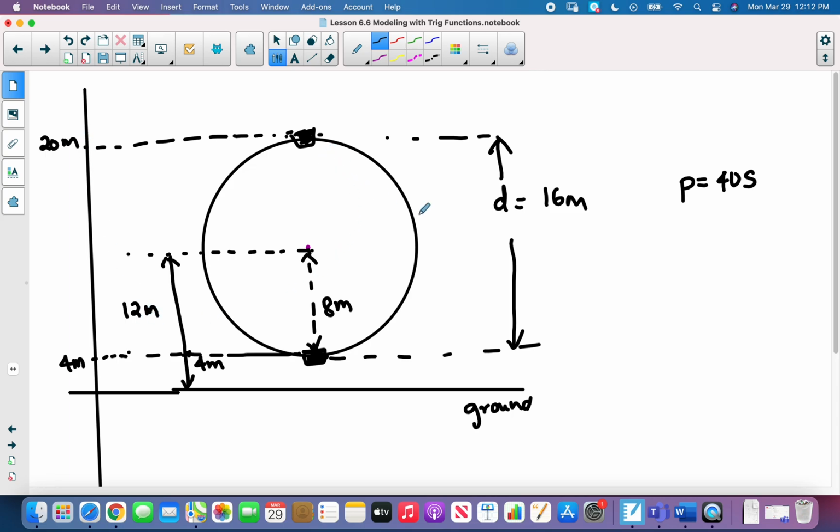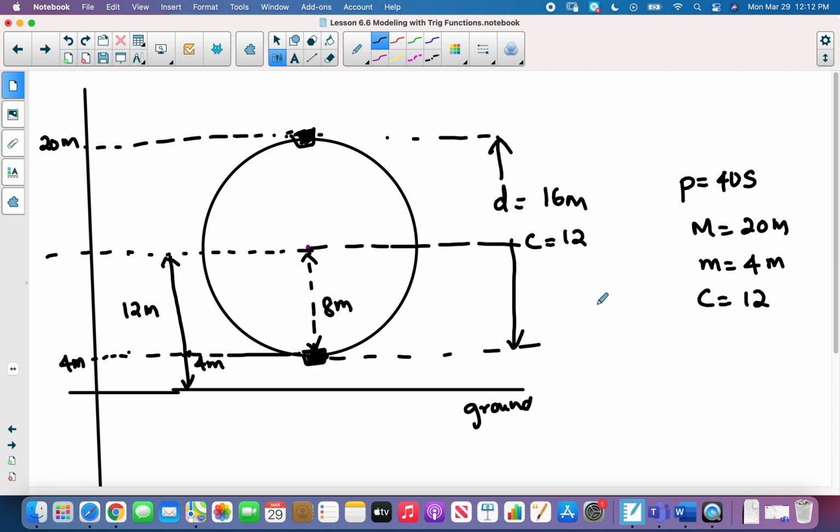So the maximum height is 20 meters. The minimum height is 4 meters. And this is our c value: 4 plus 8 is 12, that's our c value, 12 meters. And then what else do we have? The period is 40 seconds.